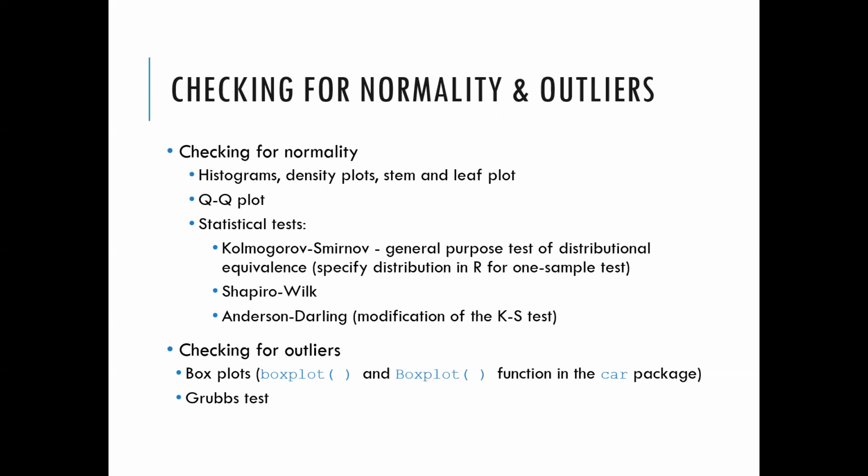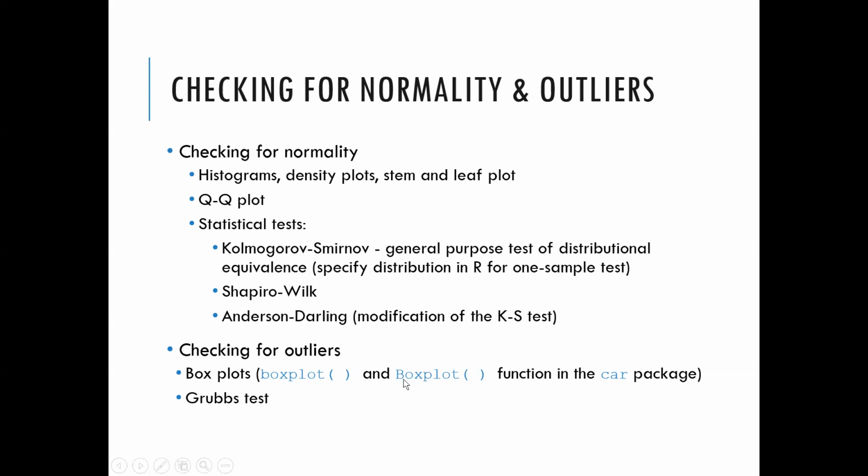And then to check for outliers, the most common visual way to do that is to plot box plots. That can be done using the boxplot function. This is in regular base R, but there is also Boxplot with a capital B, and remember R is case sensitive, and that function is available in the car package.